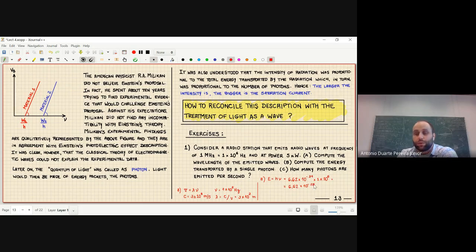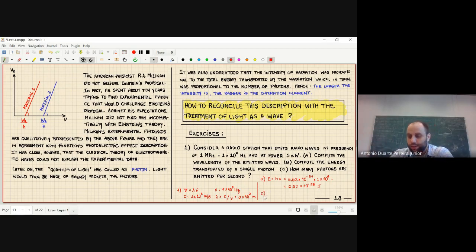And since I used the value of Planck's constant in joules times second, this will give the result in joules. But I could have asked you to compute that in electron volts. Then you just had to use the value of H in electron volts and multiply by the frequency. So you can do that if you want.